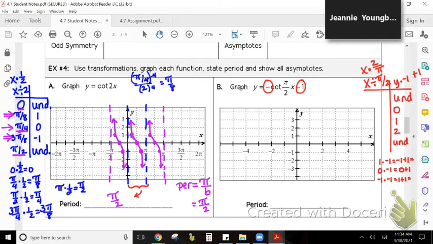Okay, so let's see. For our x's, we said we're going to multiply by 2 over pi. So my first x was 0. So what's 0 times 2 over pi? Then we had pi over 4. So what's pi over 4 times 2 over pi? Yeah, the pi's cancel.